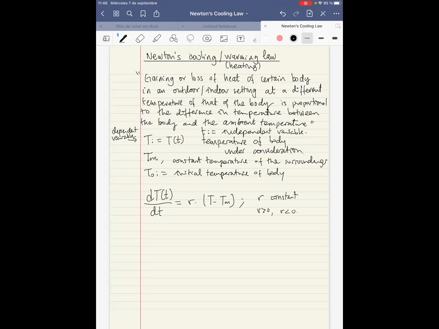As you will see, if R happens to be negative, we will have cooling of the body. And if R happens to be positive, we will have warming or heating up the body.